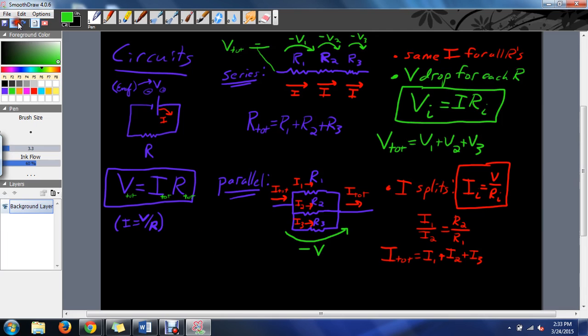It's like we're all experiencing time simultaneously. You and I don't divide time in half. We both experience the same amount of time pass at the same increments. They all share one gigantic voltage drop. So the most important thing for parallel is that the voltage is the same for all resistors.